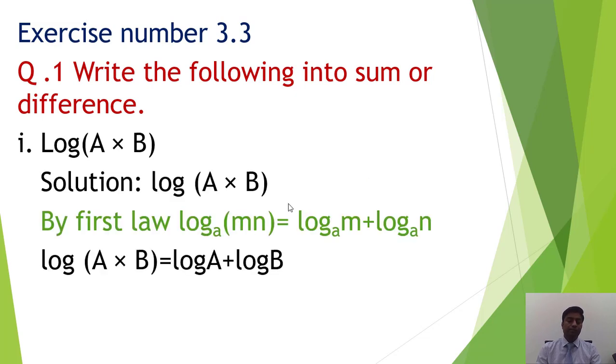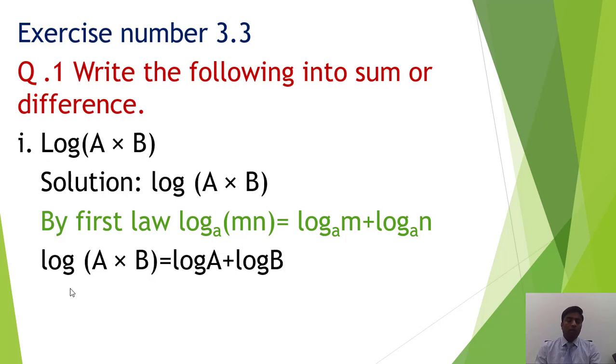Solution. Log a multiplied by b. By first law, log mn to the base a is equal to log m to the base a plus log n to the base a. That is, the log of product of two numbers is equal to the sum of two logarithms.